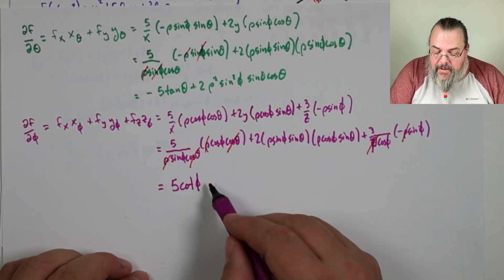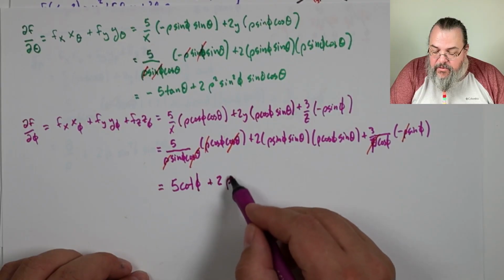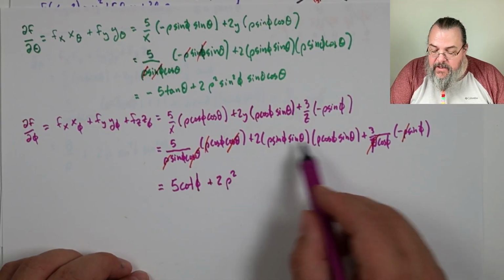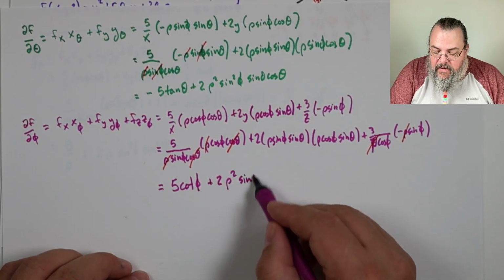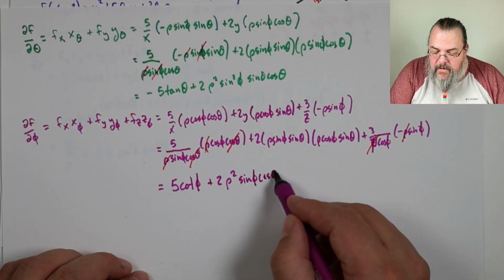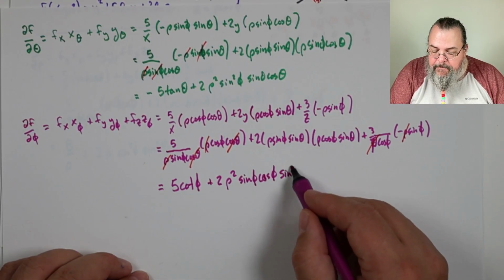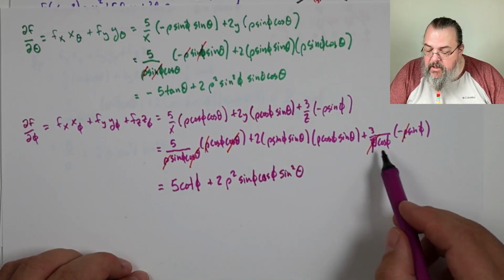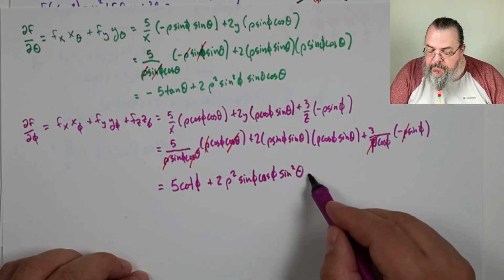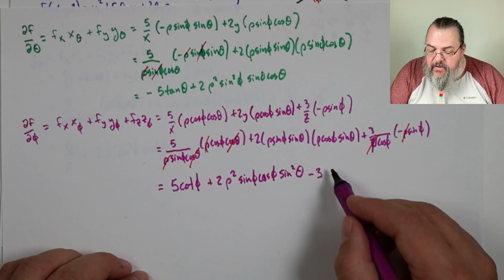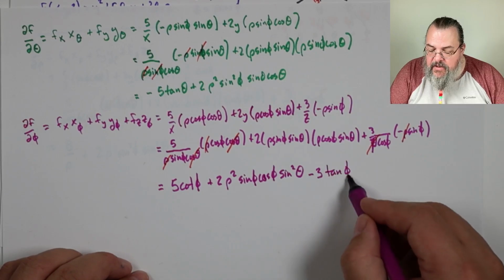Here we just have to multiply. We have a rho squared, a sine phi, and a cosine phi. And then we have a sine squared theta. Here, there's a minus 3. We have sine over cosine, making it tangent.